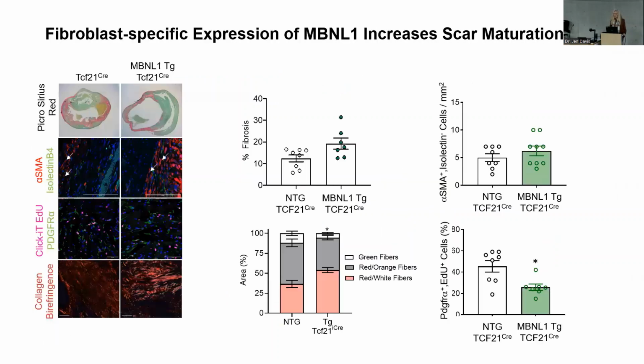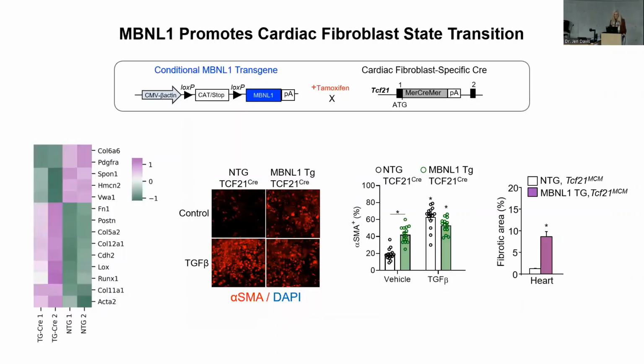So 2 weeks after tamoxifen induction, we excised the cardiac fibroblast population and just used RNA-seq analysis to say, okay, what do these cells look like transcriptionally? And the results of that RNA-seq analysis is shown here. What we found was that the fibroblasts from the transgenic mouse were completely enriched for, again, canonical myofibroblast gene expression.